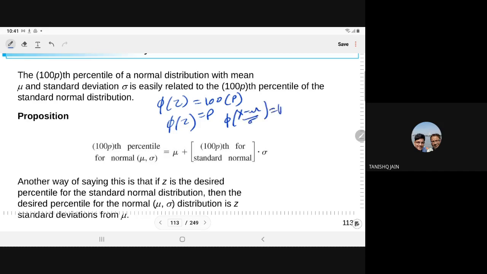So the 100 times p-th percentile of a general normal with mean mu and standard deviation sigma is equal to mu plus the 100 times p-th percentile of the standard normal times sigma. With this you can determine the percentile for the non-standard normal also.